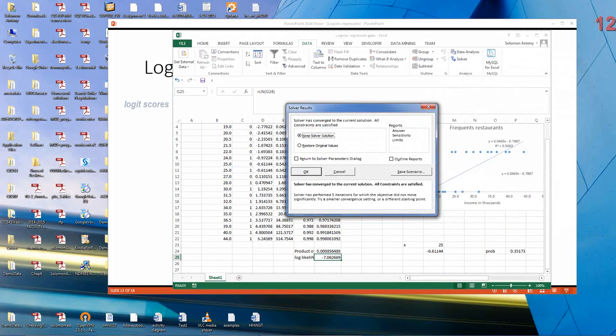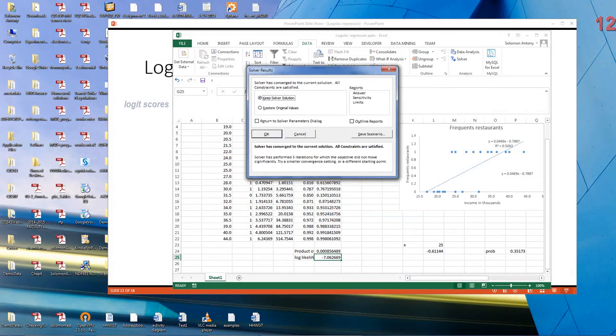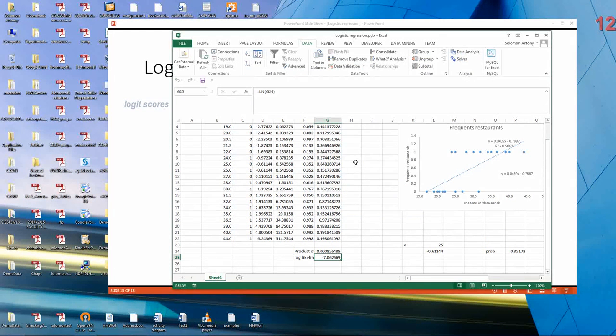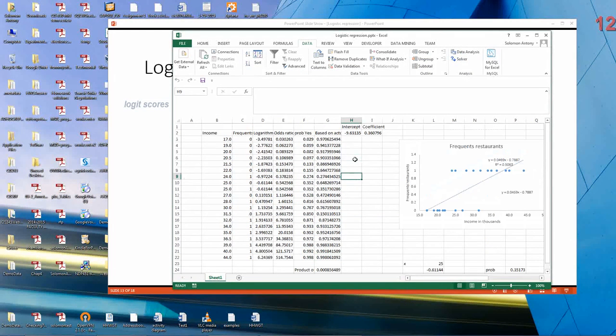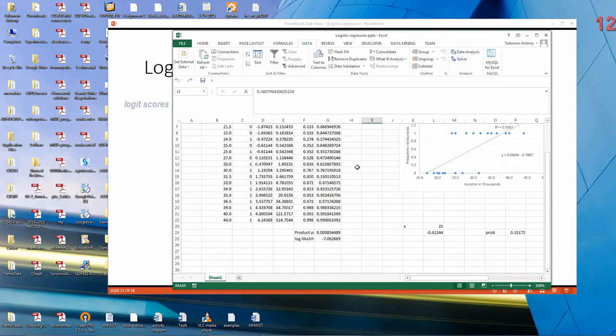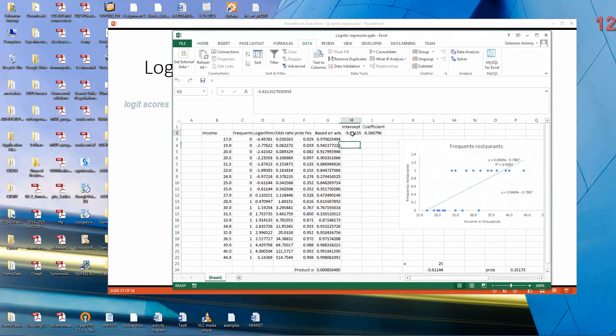And once you solve it, it will plug the value right inside your spreadsheet. You can keep solver solution, click OK, and there it is. So we have calculated the intercept and coefficient that maximizes the product of log likelihood values. And now this is the actual solution to the problem.